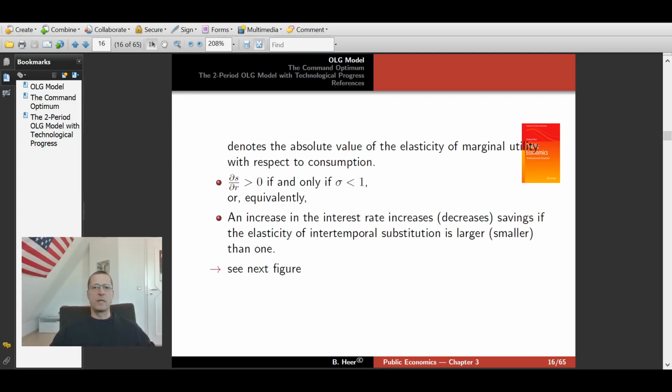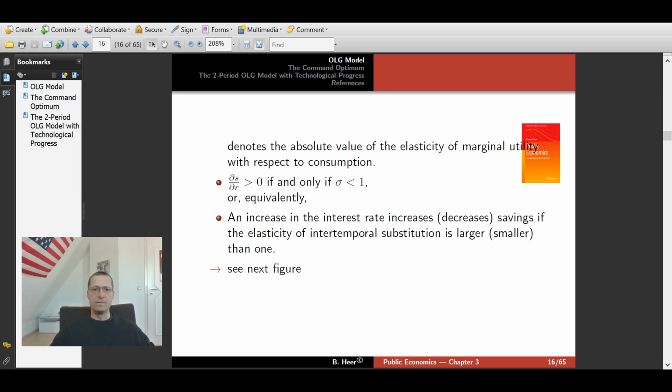So let us summarize what we derived so far. We have seen that savings increase with wages unambiguously, but that savings only increase with the interest rate if and only if the elasticity of intertemporal substitution is larger than 1, meaning sigma is smaller than 1.